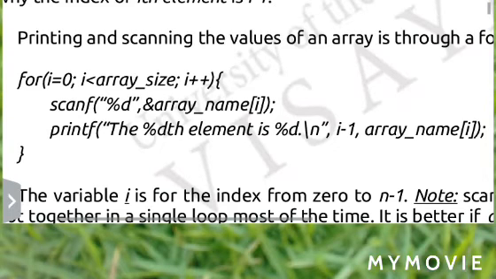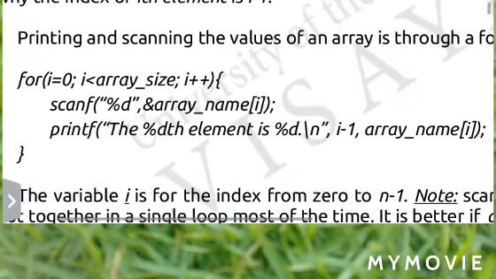For the scanf, that is %d, then the ampersand, array name enclosed with square brackets is the i. And for the printf, for example, the %dth element is %d \n. Then the value of %d is i minus 1, and array name enclosed in square brackets is i. So, close parentheses, and don't forget the semicolon.